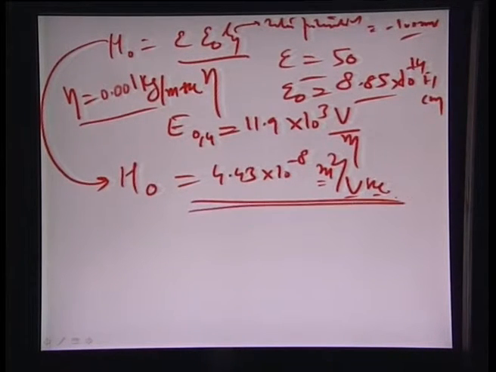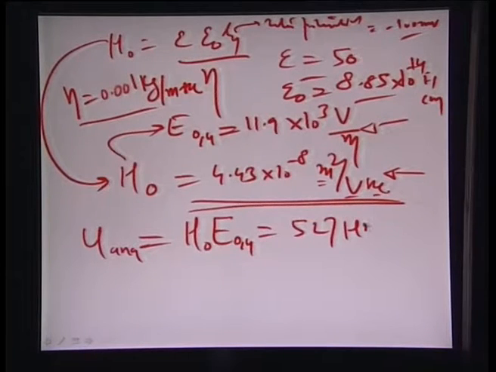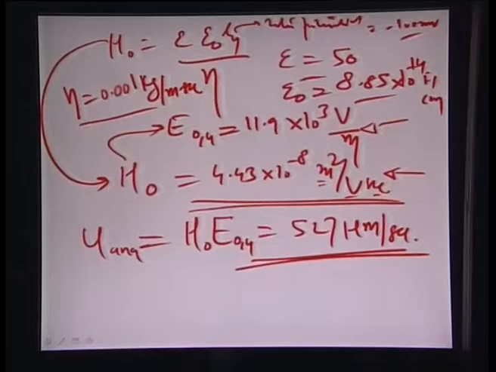So we multiply that with the electric field to calculate the flow velocity. The flow velocity of the analyte is essentially mu 0 times E between 0 and 4, and if you apply these values of mu 0 and E, this comes out to be about 527 micrometers per second. Very interesting, because this is only half a millimeter per second.